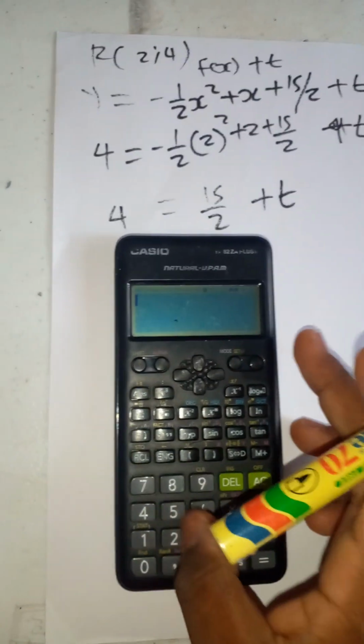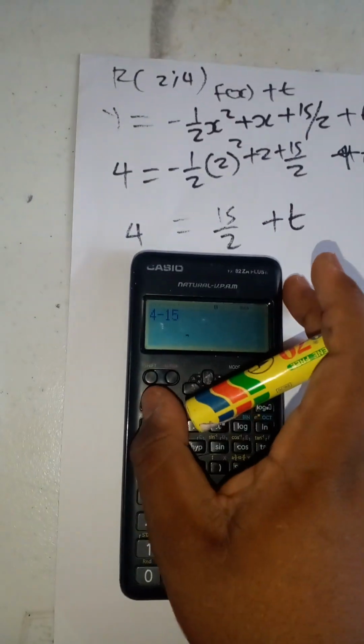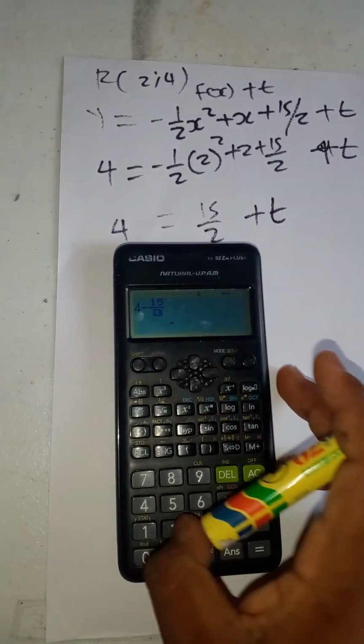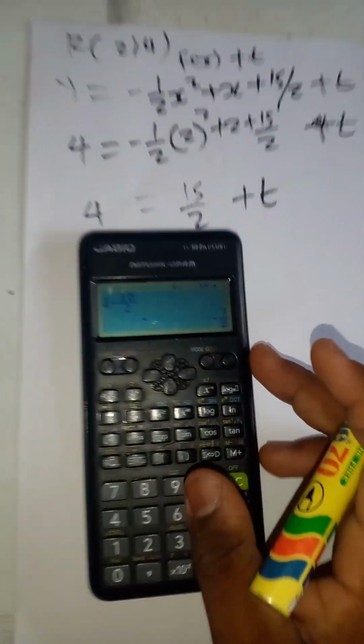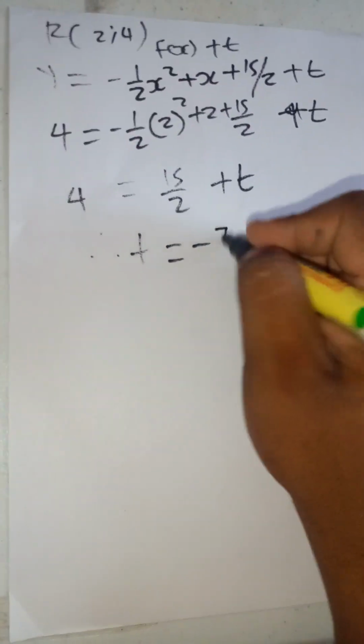So now we simply have to find the value of t. So let's calculate it. It will be 4 minus 15 over 2. We are simply taking that one to the other side. So this is the value of t. Therefore, t is equal to negative 7 over 2.